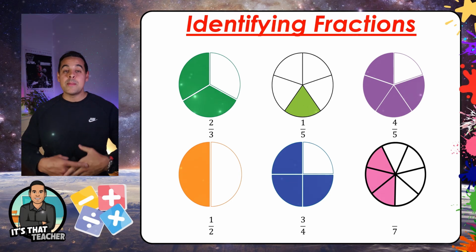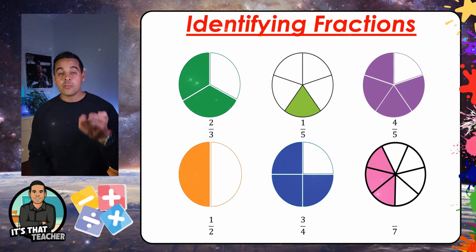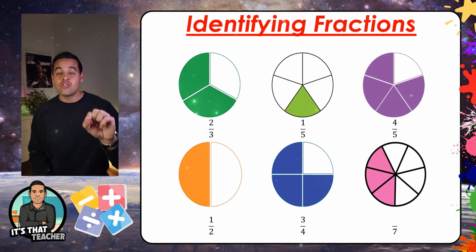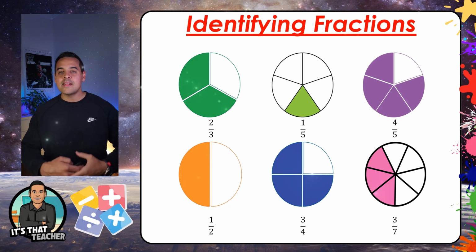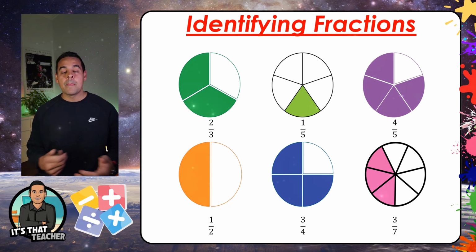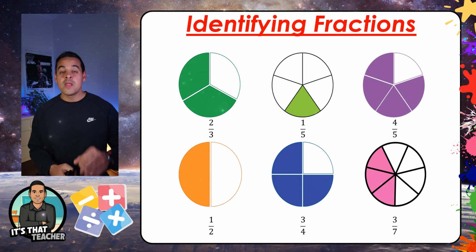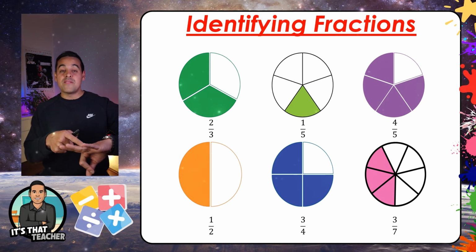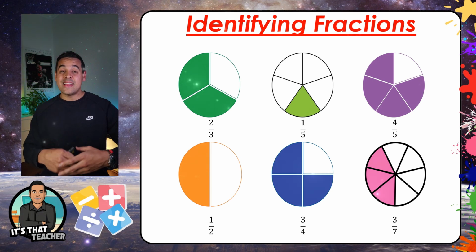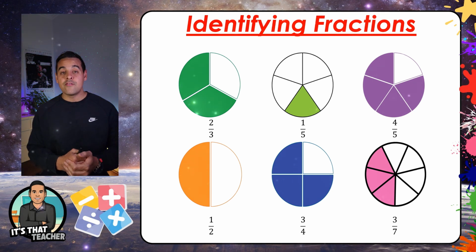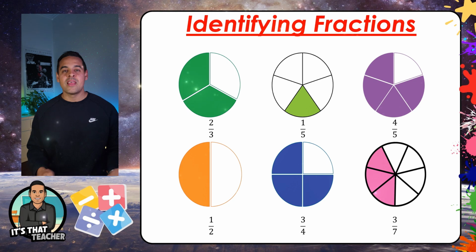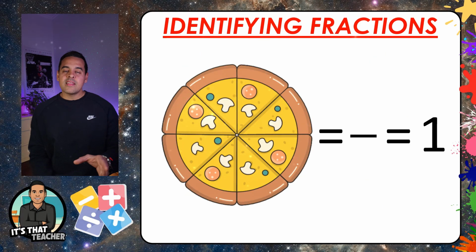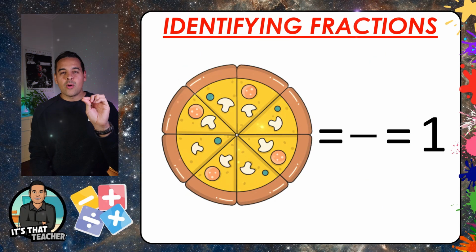We need to count how many parts have been shaded. You can see here, 1, 2, 3. 3 parts have been shaded. So your fraction here would be 3/7. So that's how you would say that. You have 3 and the denominator is in sevenths. So you have 3/7.